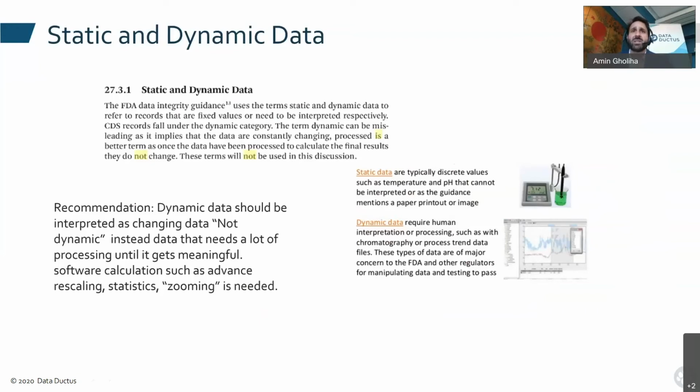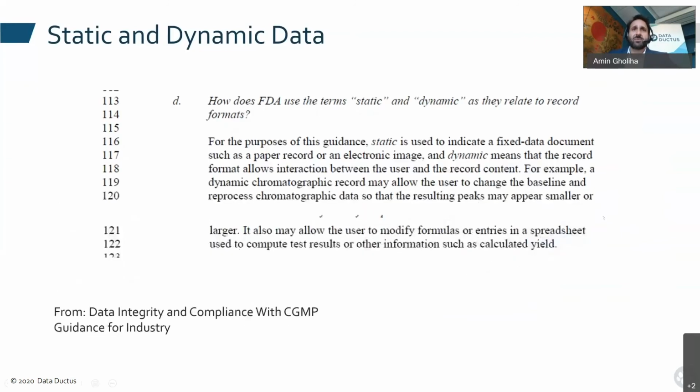That is what it means with dynamic data. It is not data that is basically changing or whatever. So I just want to clarify the static and dynamic data in the literature. FDA uses the terms static and dynamic in many places. Static is a fixed data document, a paper record or electronic image, and dynamic means the record format that allows interaction between users and the record, basically.